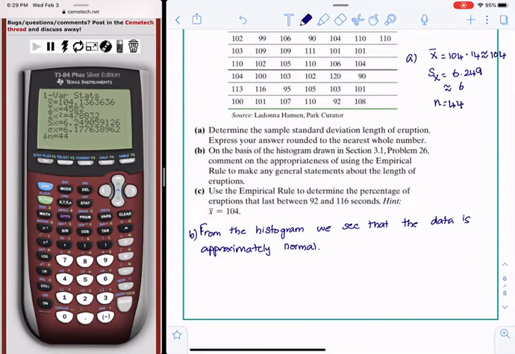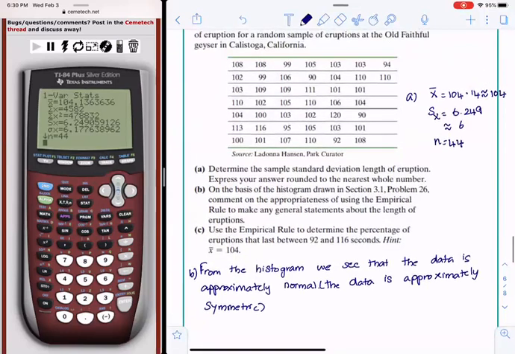So part B, from the histogram, we see that the data is approximately normal in the sense the data is approximately symmetric. And mean, median, and mode would be approximately equal.